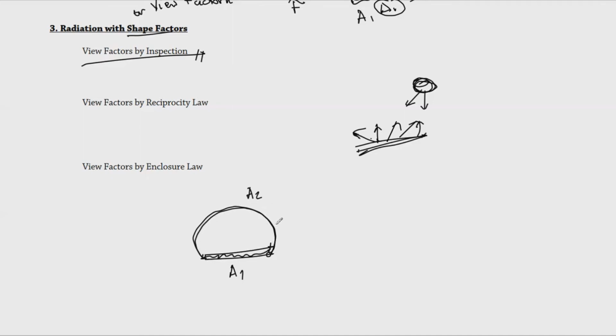They have different areas, designated A1 and A2, because probably they have different temperatures. If we look at area 1, any incident ray or reflected ray, any ray that you can draw here by taking some differential area, will view area 2, meaning it will all be intercepted by area 2.